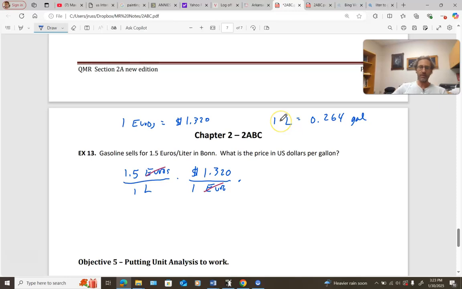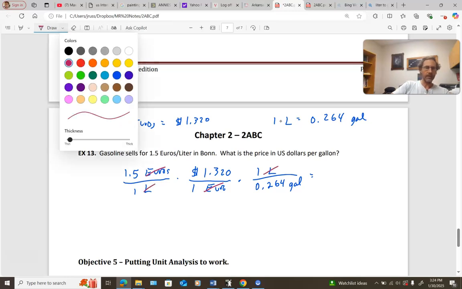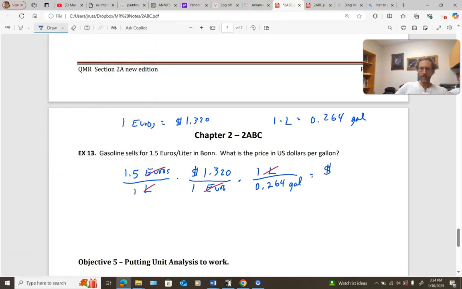So that means I need to put this in the numerator. So 1 liter in the numerator over 0.264 gallons. And so if I do this, my liters are going to divide out. And now, guys, I'm going to have dollars over gallons.